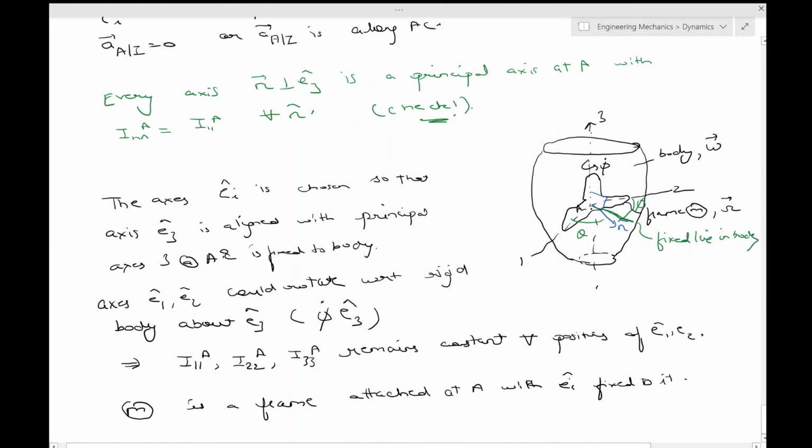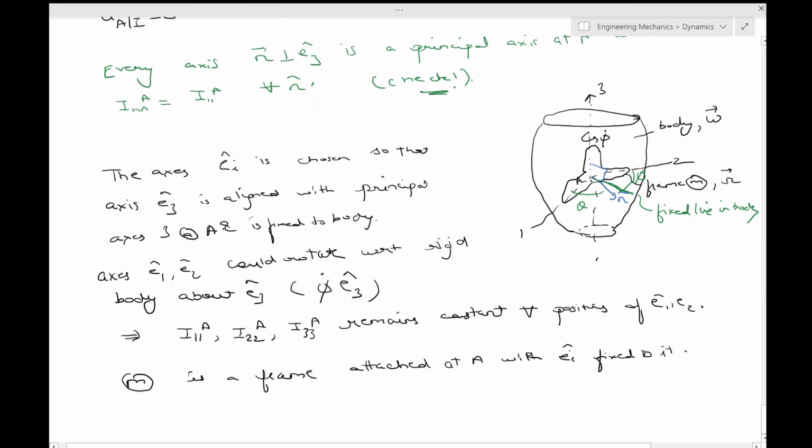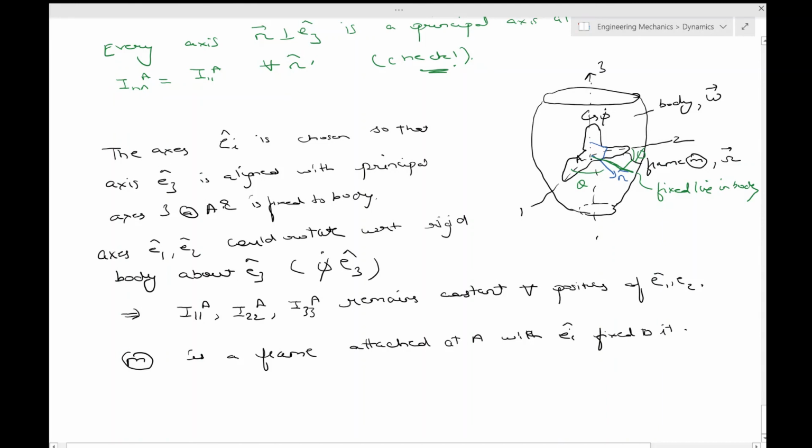I mean E3 is not rotating, but E1, E2 are rotating about E3 in the body, but they are attached to the frame. So with respect to the frame, they would not be moving. The angular velocity, big Omega, of the frame M differs from the angular velocity omega of the rigid body in its E3 component.